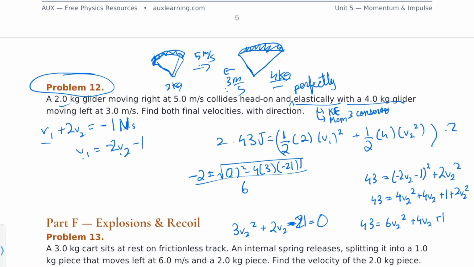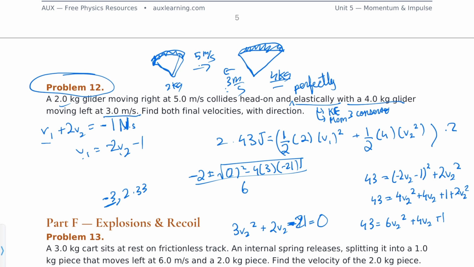Okay, so what you can look at here is that we have 2 answers of negative 3 and 2.33. But think about it. For velocity 1, if velocity 1 was negative 3, doesn't that just mean it's this?